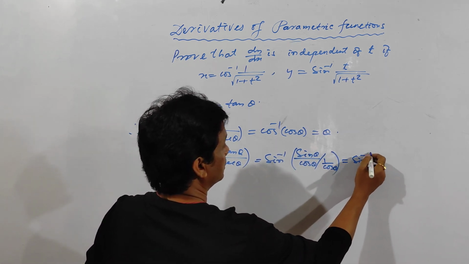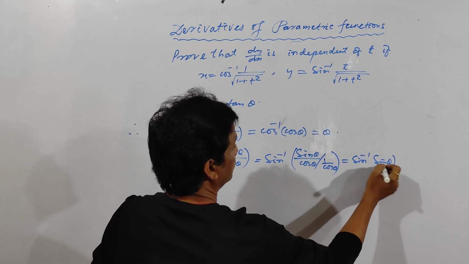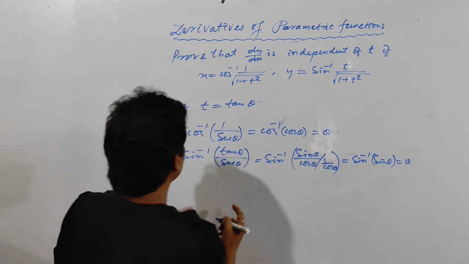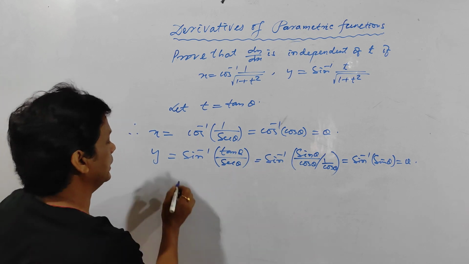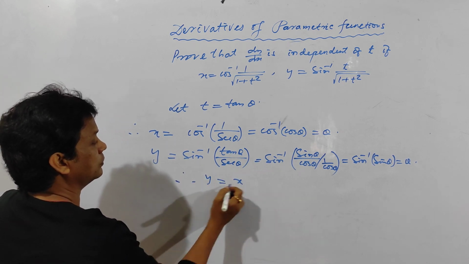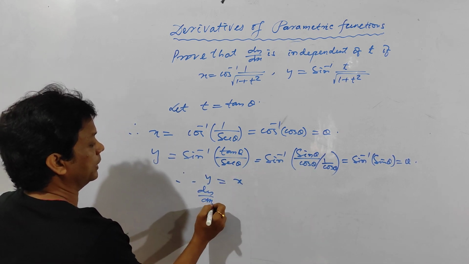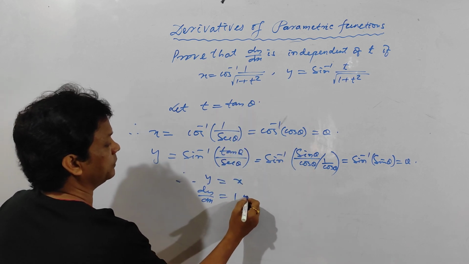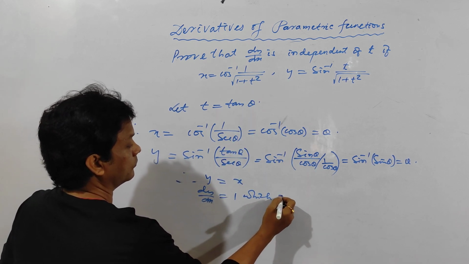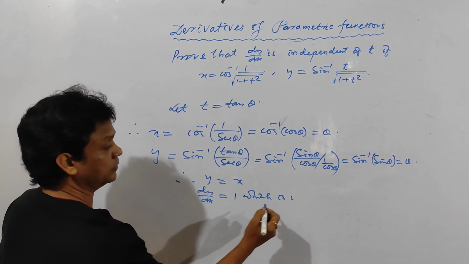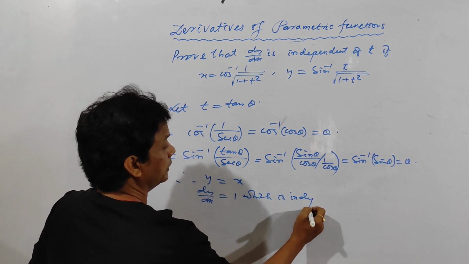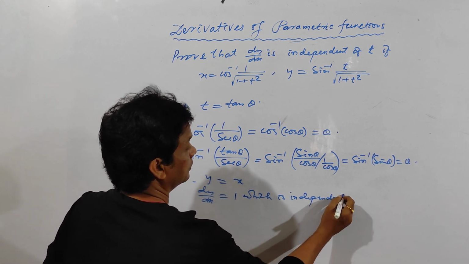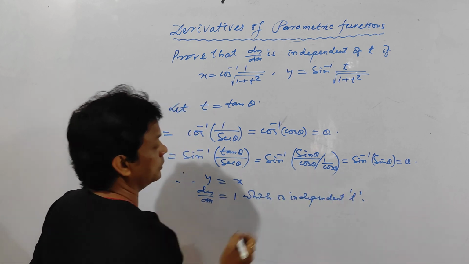So sin inverse sin theta. So it is theta. So x is equal to theta and y is equal to theta. That means y is equal to x. So what is dy by dx? It is 1. So this is the derivative, there is no t here. So it is independent of t. So this is the answer.